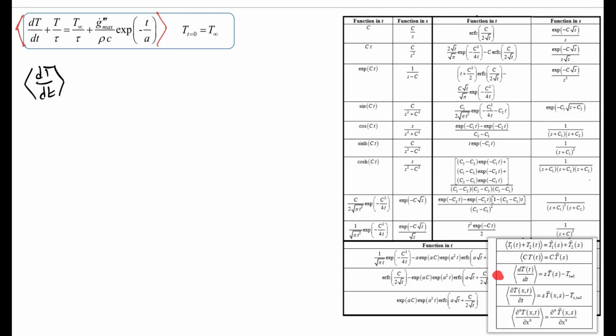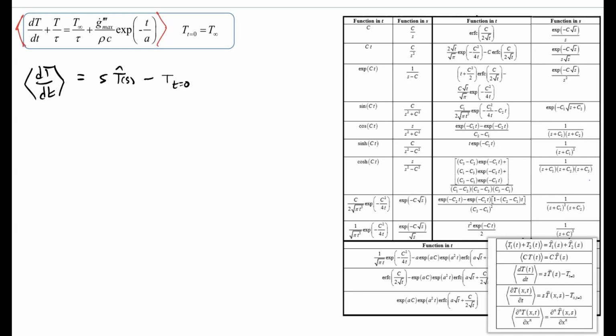This guy. It's a little hard to see, but we're using that transform or that property. So that gives us s times T hat, which is a function of s, minus T at time equals 0.